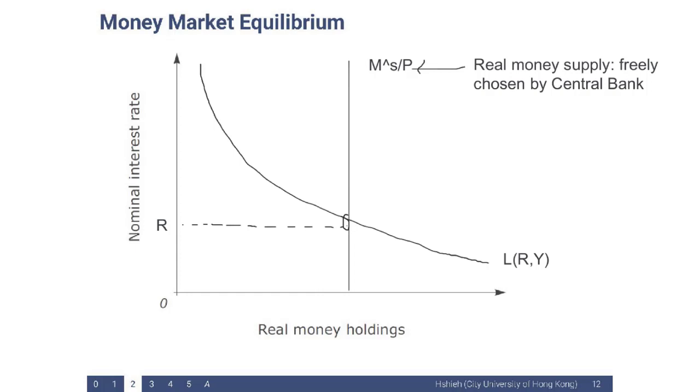So this vertical line I just drew is the so-called real money supply. We call this MS divided by P. And this is L(R, Y).